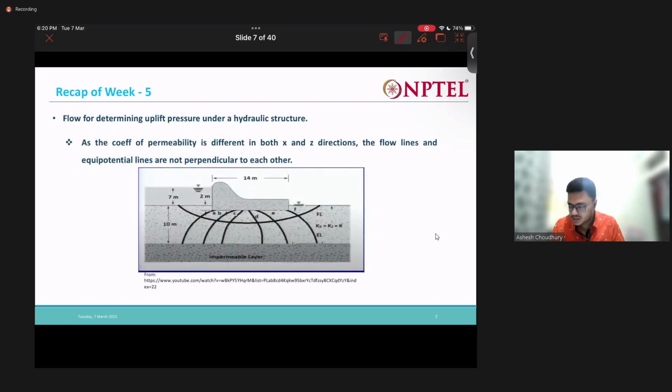Now the next topic is uplift pressure determination, the uplift pressure under a hydraulic structure. This is a very important topic.